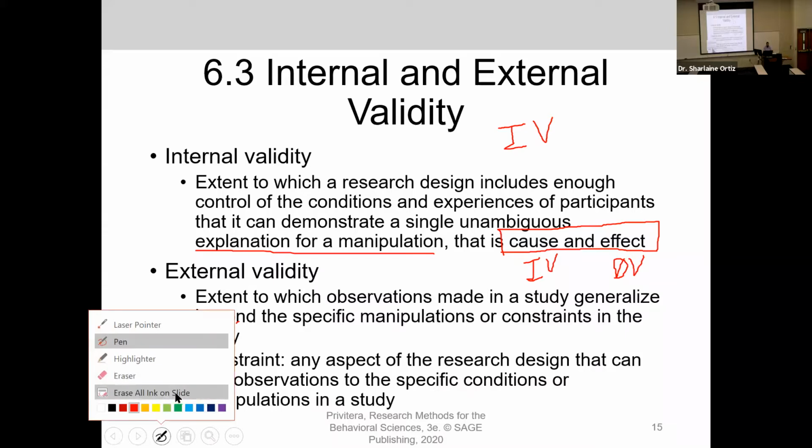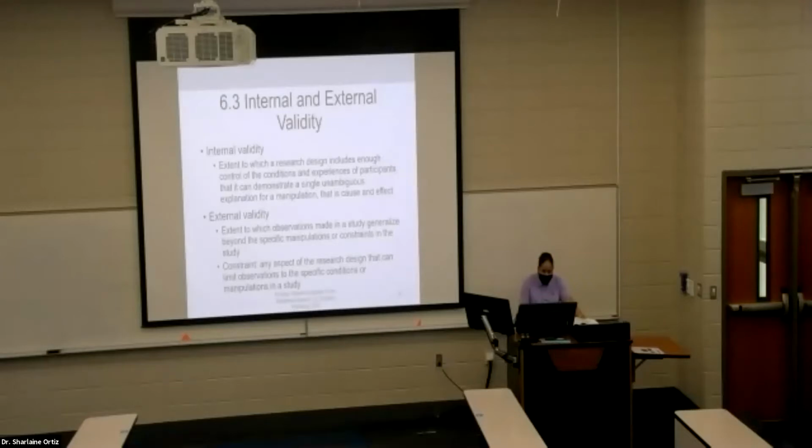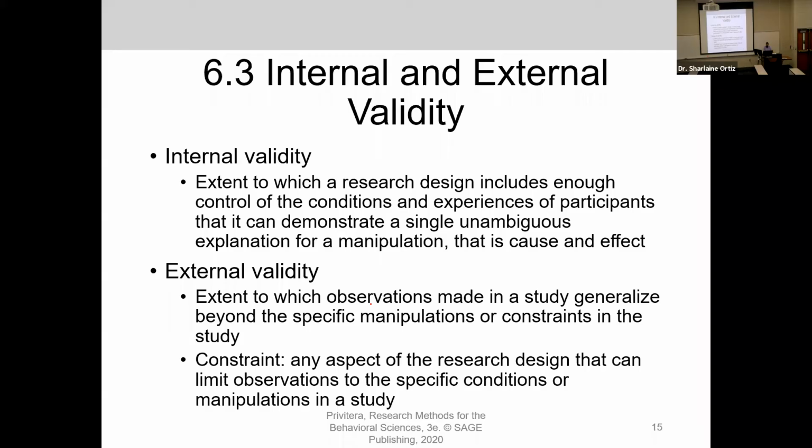Now, in keeping with our previous examples, for example, in lab, we saw that we have the sense of identity and how it can impact depression, right? So we have our factor of identity, and then we have our factor of depression. It's referring to internal because if you notice, I am simply talking about the conditions inside, right?